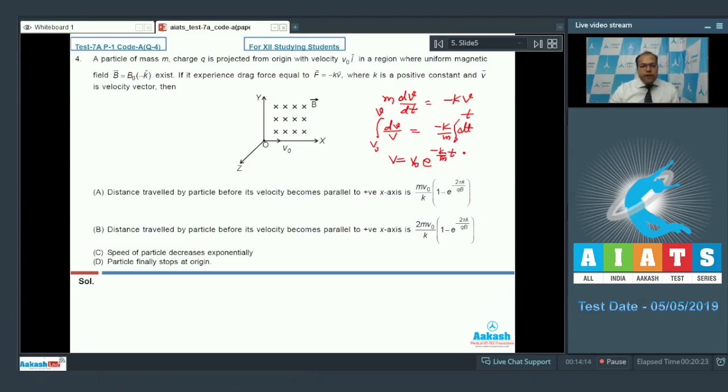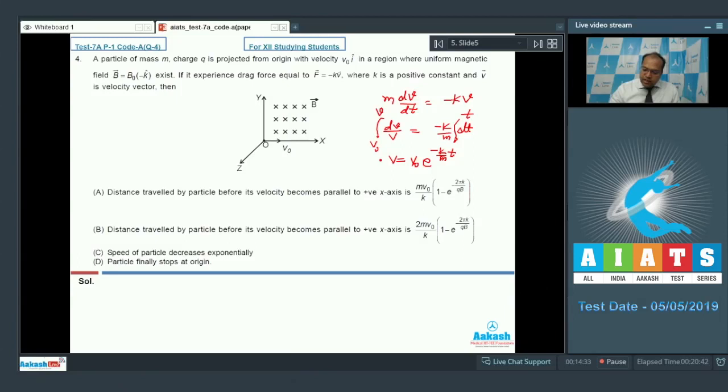Now we have to find out the distance traveled by the particle before its velocity becomes parallel to positive x-axis. So at time t equal to 2 pi m upon qB, that is the time period of one revolution, at that instant its velocity becomes parallel to positive x-axis.